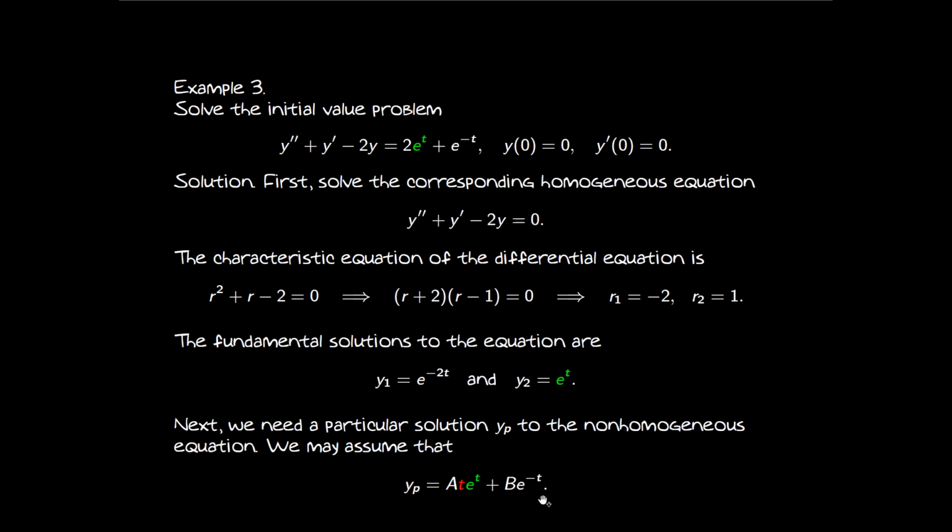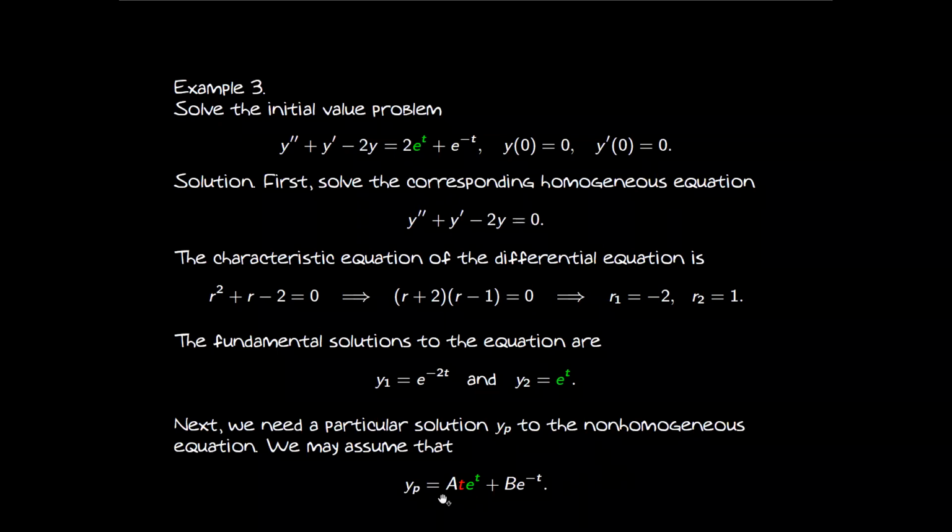So therefore, the particular solution to the non-homogeneous case is going to be just like this. Once again, if something is already in the fundamental solution set, then you have to use an extra t there to address the term.